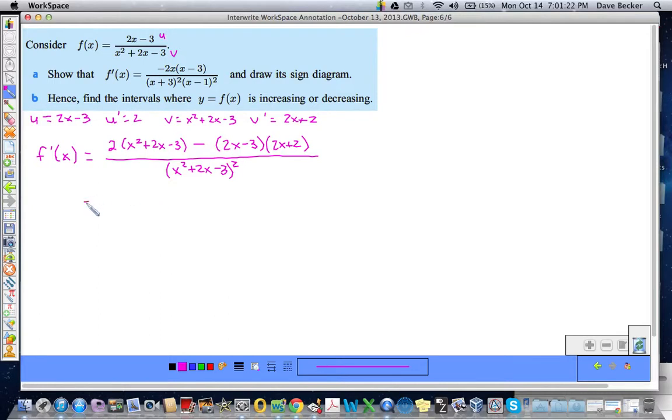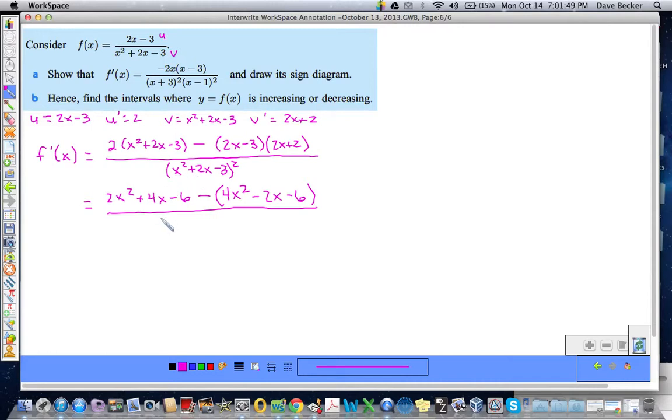So let's clean it up and see what happens. We have 2x squared plus 4x minus 6 minus, now I need parentheses because I need to FOIL this first, 4x squared. 4x minus 6x is going to be minus 2x, minus 6, all over, and I have a little bit of work to do with my denominator because they're telling me to make it look like this.